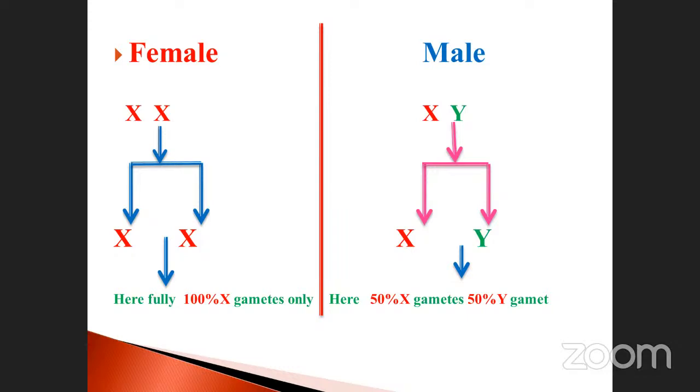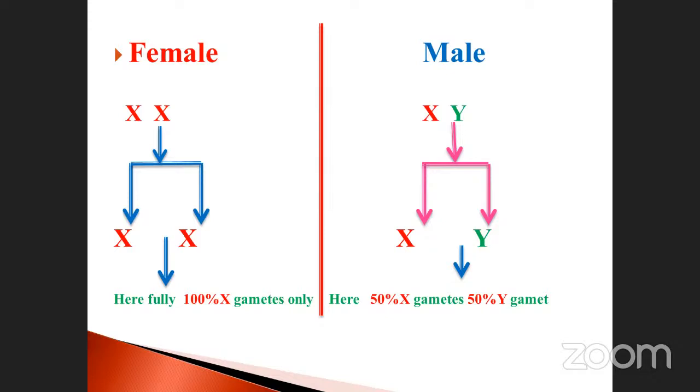Both are in equal proportion here. One female gamete X fused with one male gamete X, the progeny or fetus will be female, because XX is denoted as a female.